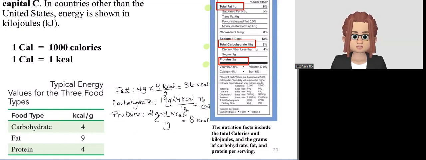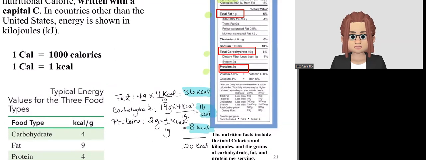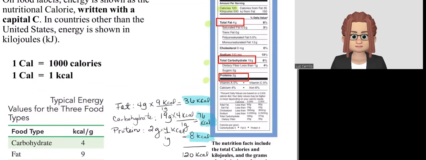Lastly, if we add overall 36, 76, and 8, that's where the 120 kilocalories per serving in the food label comes from. Let me highlight it. So this 120 is the 120 that is here.